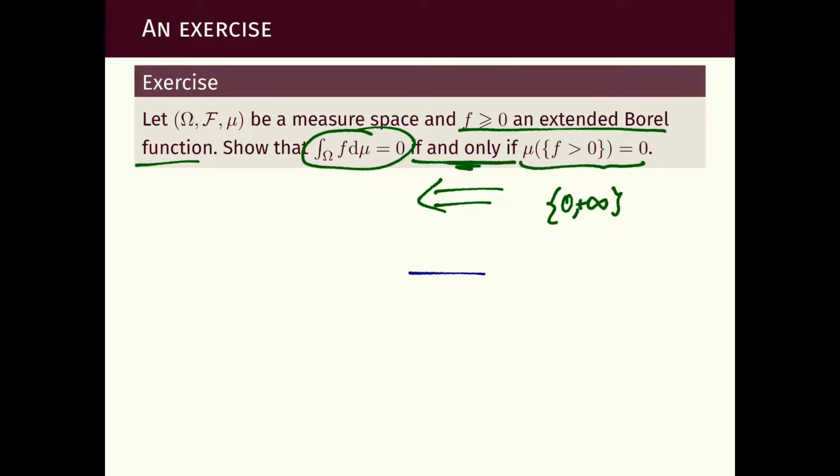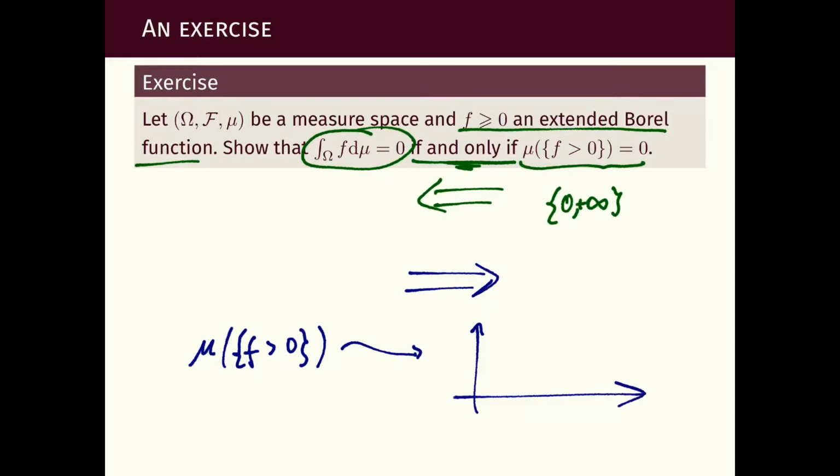Now, for the direct implication, we would rather do the converse of it, which is to assume that the set where the function takes positive values has positive measure, and use this fact plus properties of measures, in particular continuity from below, to show that we can again compare, so we're again using monotonicity, we can compare this function f, so this is omega, this is the real line, and f of omega.